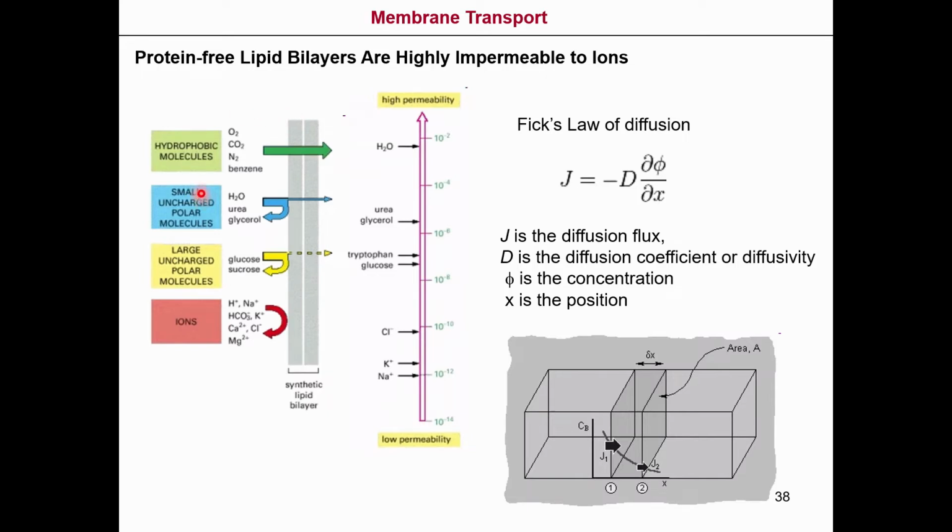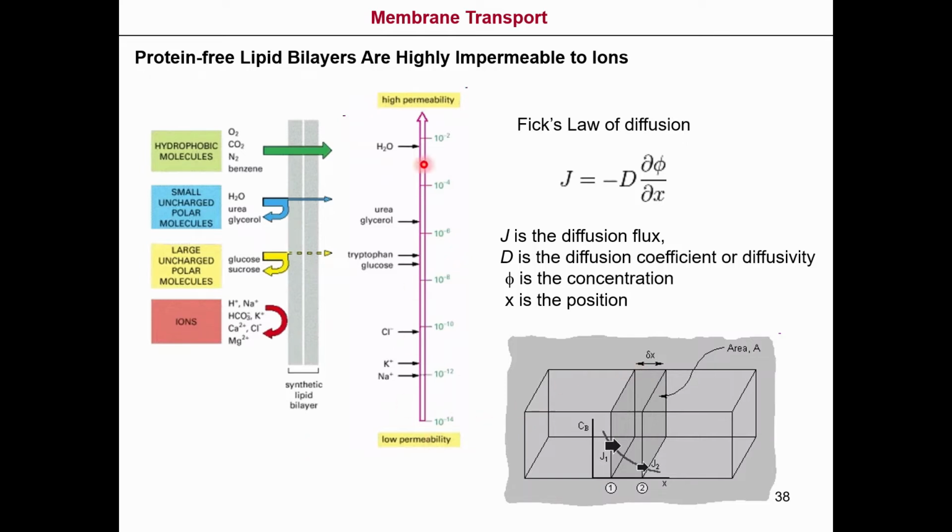For small uncharged or polar molecules, this is less easy. For large uncharged polar molecules and ions, it's very difficult to cross the membrane without any proteins.